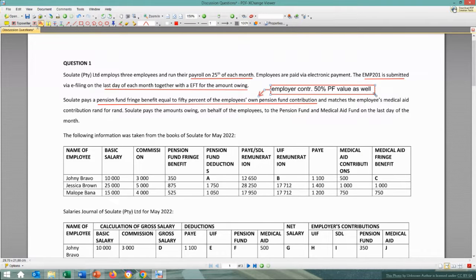So it's not a full one-to-one value. And matches the employee's medical aid. So it's 100% of medical aid. Okay. So rand for rand. So Solati pays the amounts owing on behalf of the employee to the pension fund and the medical aid fund on the last day of the month. So the payments occur on the last day of the month.